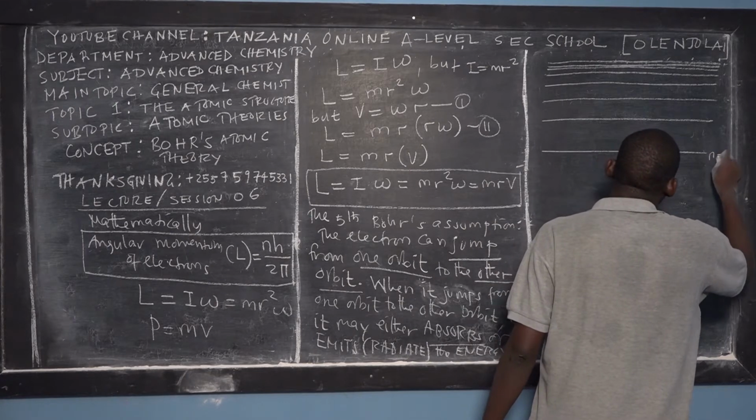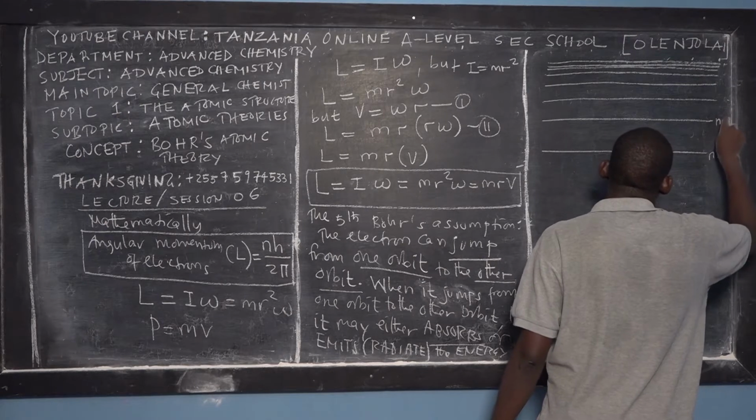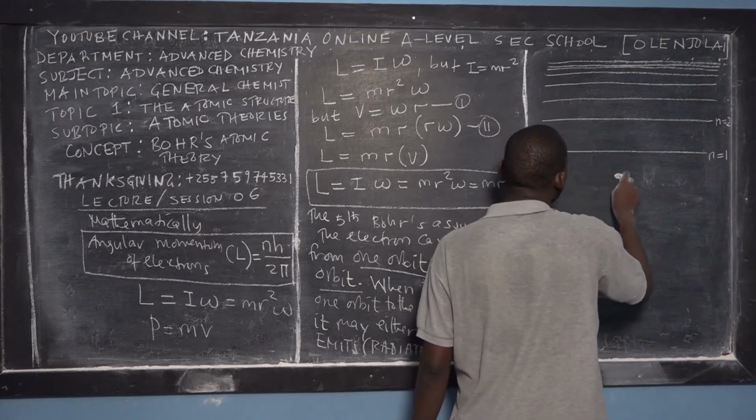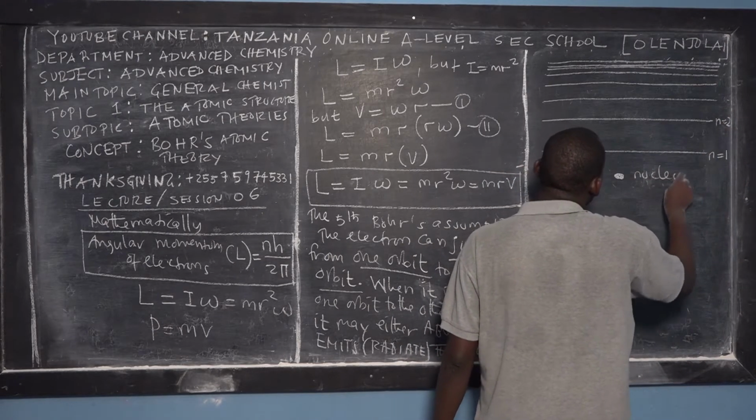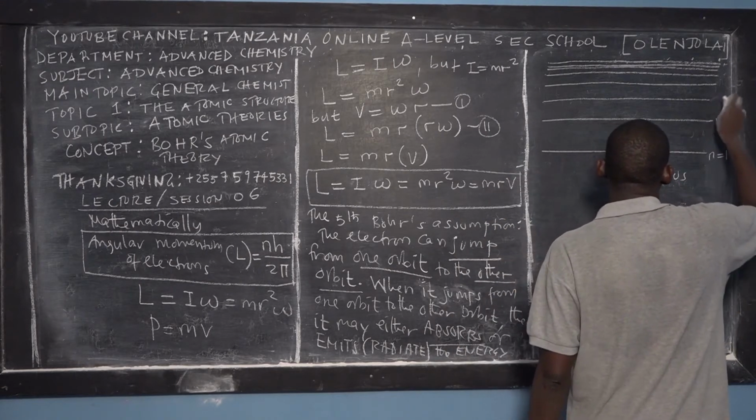So suppose that this is the first energy level. We call it the Lyman series according to the hydrogen spectrum. This is the nucleus of an atom. And then these are the splittings of the shells, for example, for the hydrogen atom.